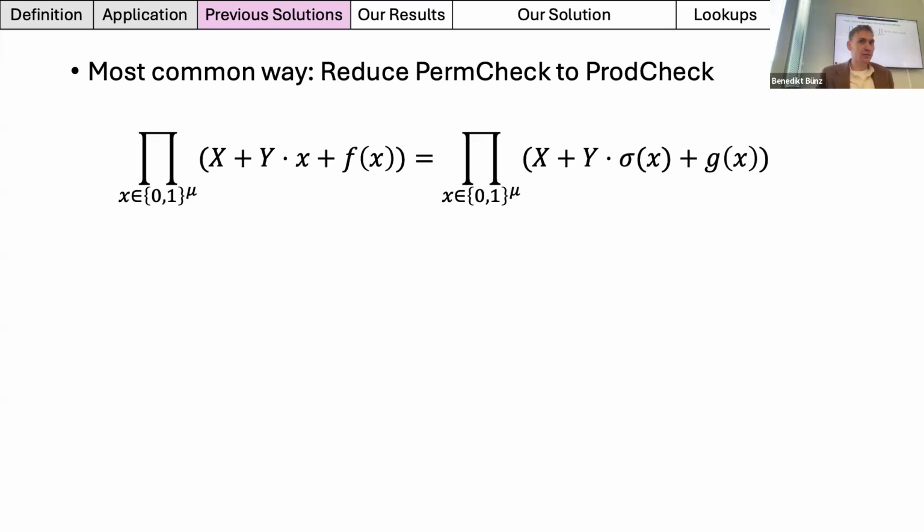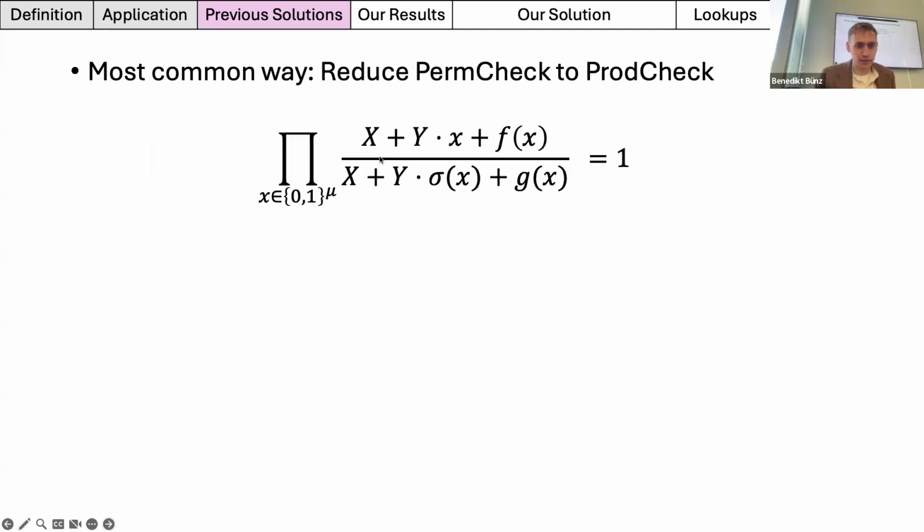So the product of x minus ai and the product of x minus bi are going to be the same if and only if ai and bi are the same as sets, right? Or as lists, if they're permutations. Is that clear? And it turns out you can do minus or plus, that doesn't really matter.